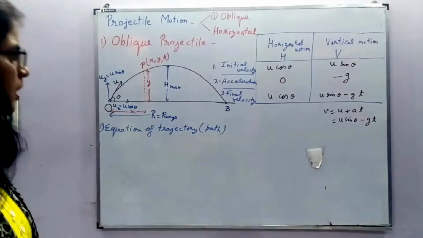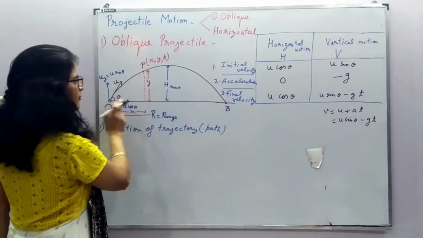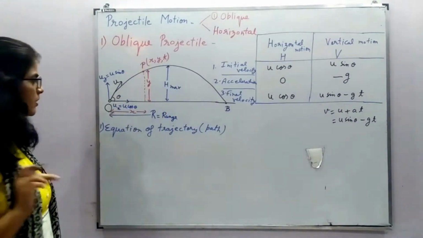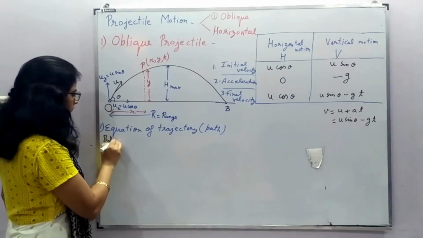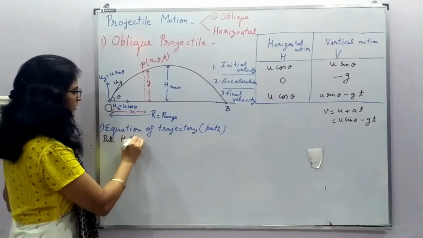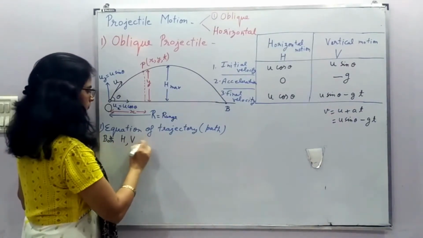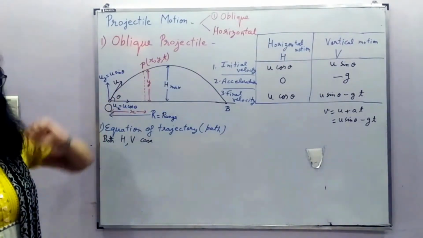Right? Now, this trajectory, this path is a combination of horizontal motion and vertical motion. So that means here we will use both horizontal and vertical cases, because we will be using this table.